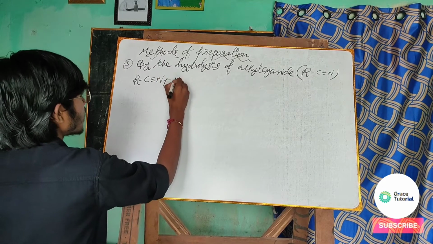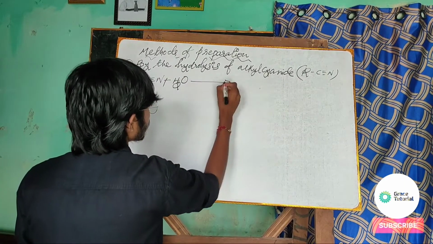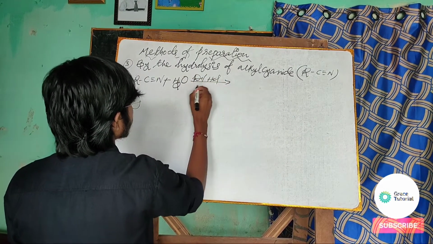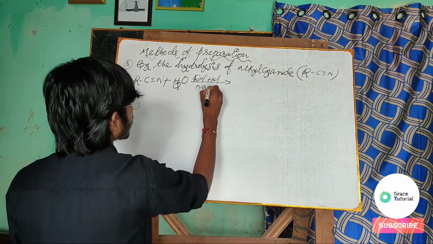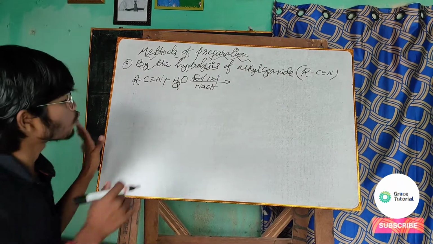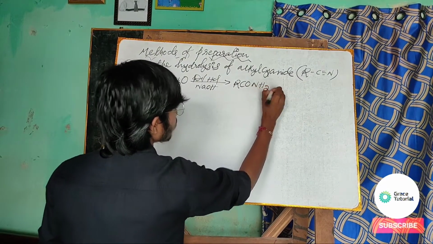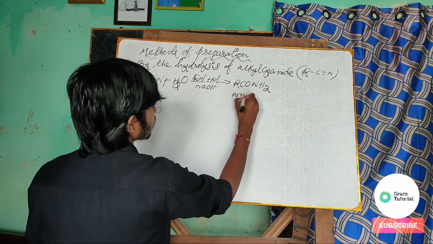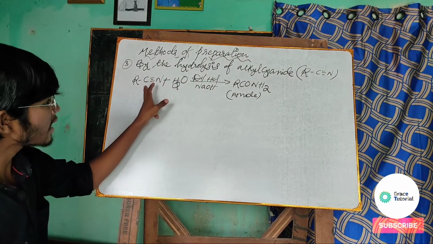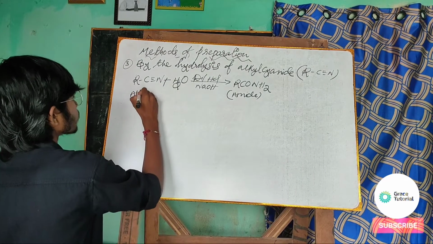When this alkyl cyanide gets hydrolyzed, that means addition of water in the presence of dilute HCl or aqueous solution of sodium hydroxide, then RCONH2. So what is the name of this compound? Amide. First of all, the hydrolysis of alkyl cyanide gives amide. So this is alkyl cyanide.